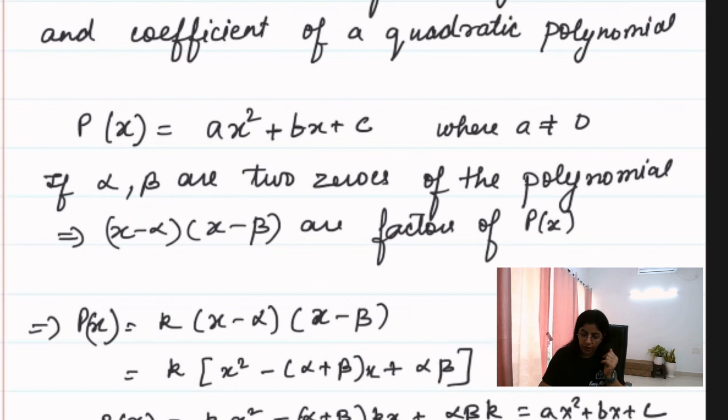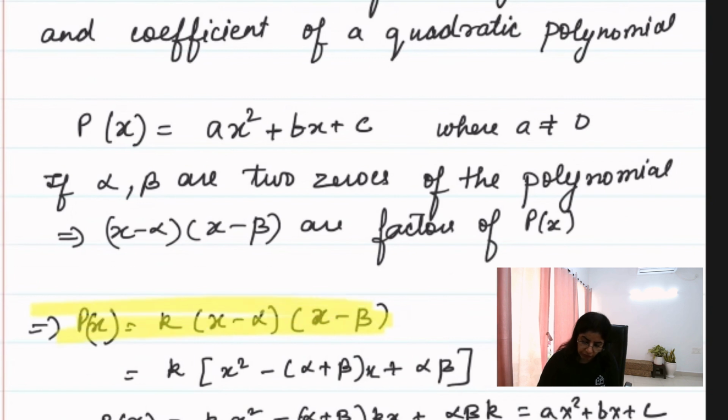If alpha and beta are the zeros of the polynomial, that means x minus alpha and x minus beta will be its factors. I'm saying it again, if alpha and beta are the zeros of the polynomial, that means p of alpha and p of beta both are zero.